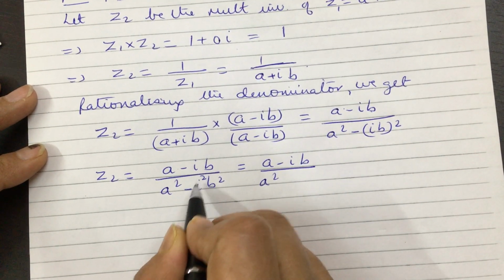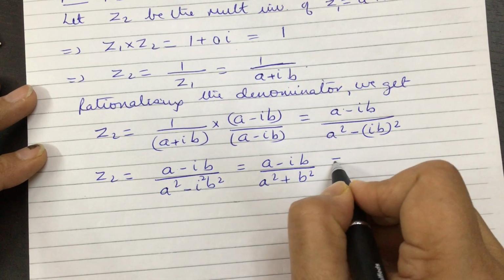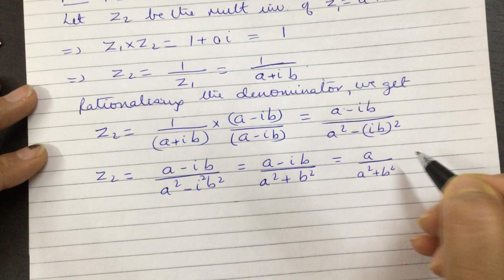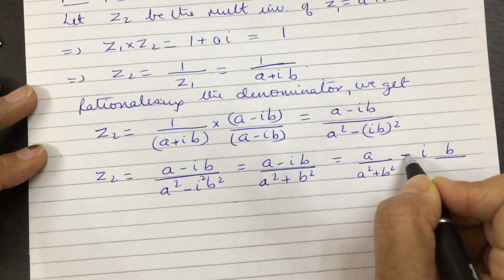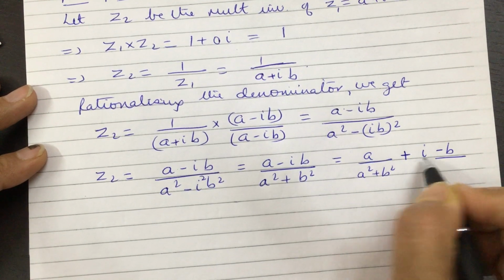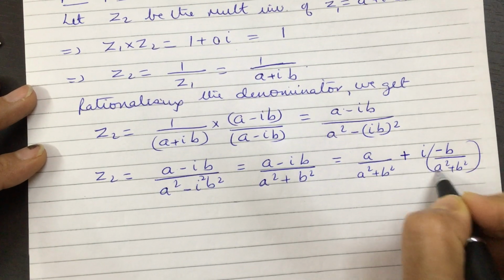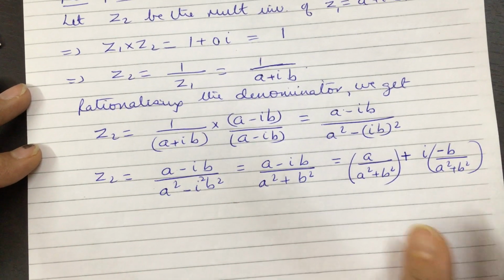Now i square is minus 1, so this becomes plus b square. It is equal to a over a square plus b square minus i times b, or you can write plus i times minus b over a square plus b square. This is the multiplicative inverse of a plus ib.